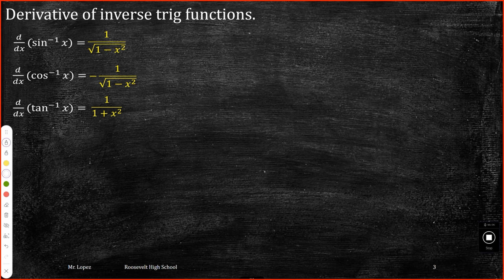And the derivative of cotangent inverse of x is going to be, what do you think? Same thing but negative. Yes, negative 1 over 1 plus x squared.